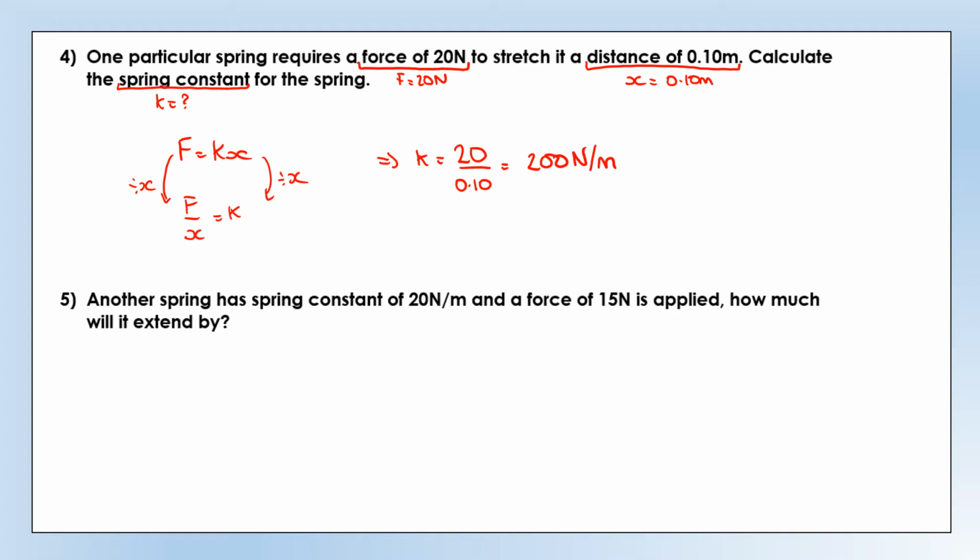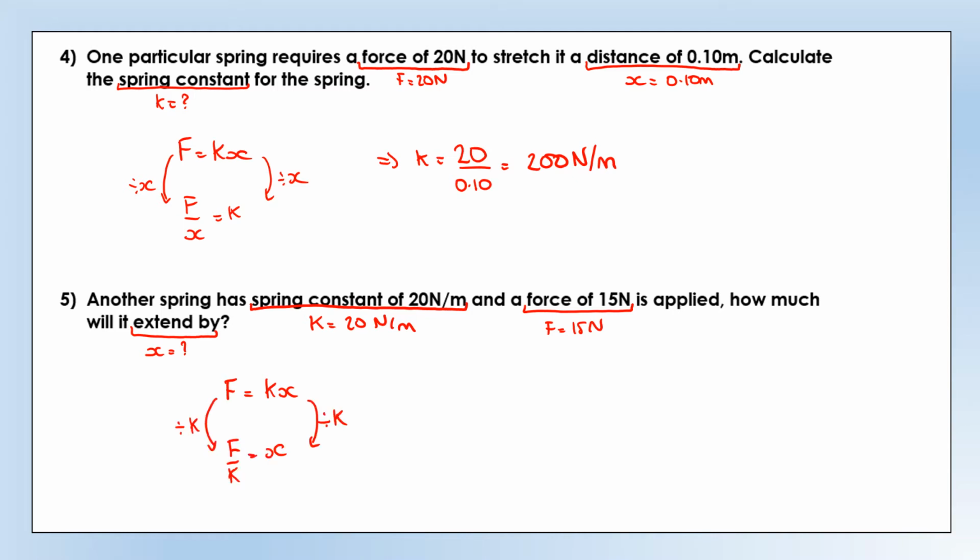Okay, so if we move on to question 5, another spring has a spring constant of 20 newtons per meter, and a force of 15 newtons is applied. So we've been given k, and we've been given F, and we want to calculate what x is. Starting from the same point, this time we want to calculate x. So we're going to divide both sides by k, because that will leave x by itself.